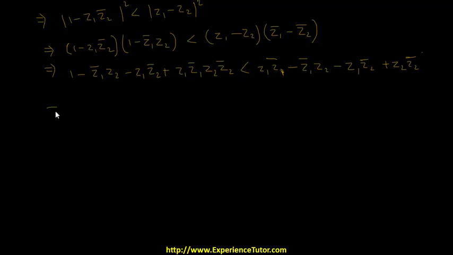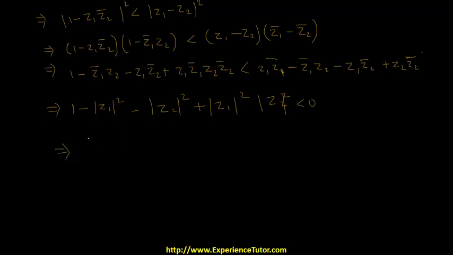Upon simplifying, we'll get 1 − modulus of z1 square − modulus of z2 square + modulus of z1 square modulus of z2 square is less than 0.